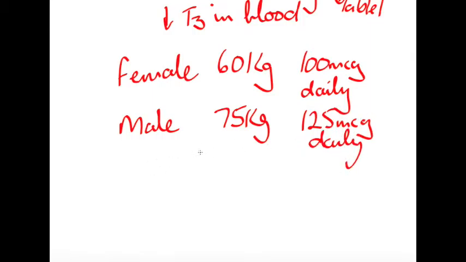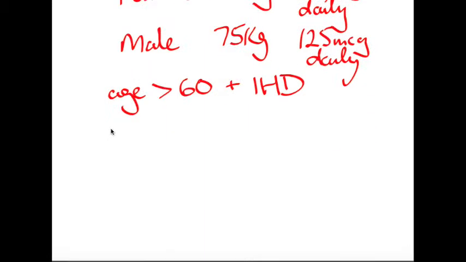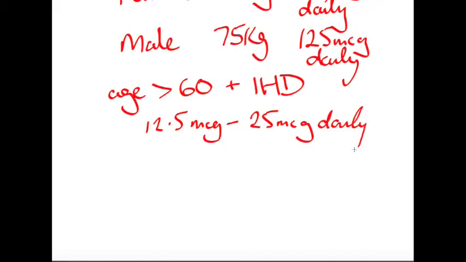Now, when looking at initiating the thyroxine doses, we need to be aware of patients who are over the age of 60 and also patients who have ischemic heart disease. In both of these conditions, we need to start at a lower dose of around 12.5 micrograms to 25 micrograms and exercise precaution in gradually increasing the dose so there's no adverse effect on the individual.